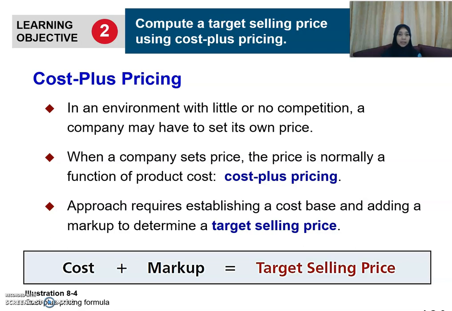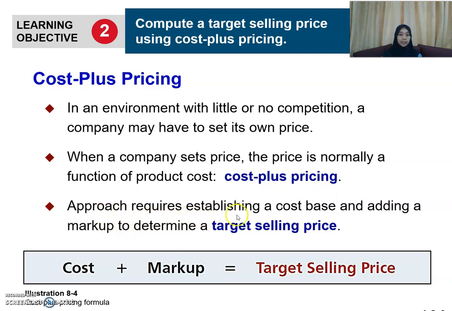But in this case, there is very little or no competition, so you have to set your price. When you want to set the price, it is normally a function of your cost, right? Of course, you will depend on the cost that you have incurred. That is the approach called cost plus pricing.